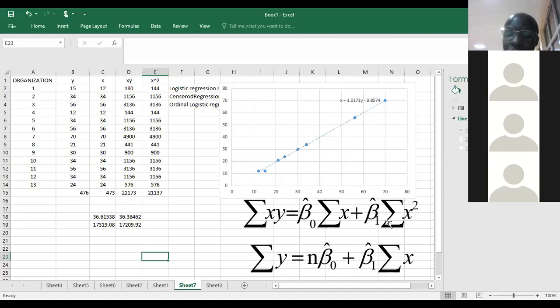Is that clear? In one, I just removed the bracket. In the other one, the term is there anyway. So this is the final result.